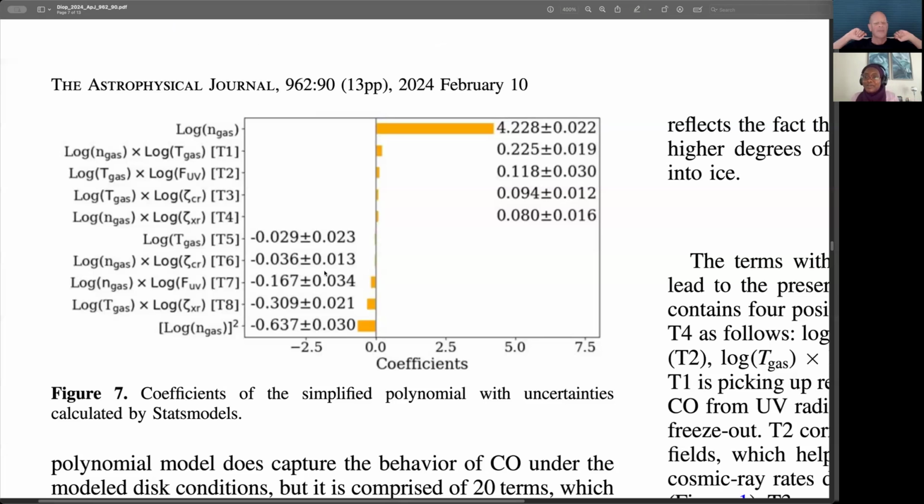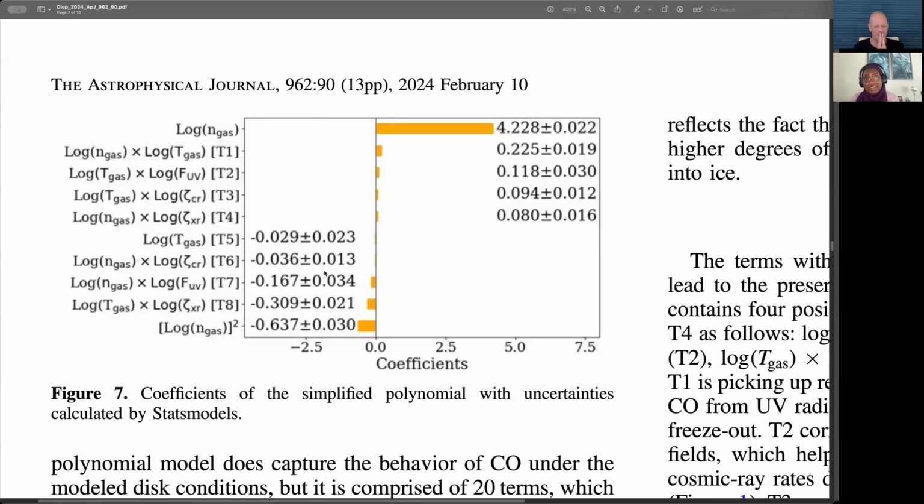Or you might have mid-plane regions where cosmic rays can break apart molecular hydrogen and produce hydrogen atoms that hydrogenate your CO ices and form things like methanol. So we explain what each of these terms can reflect, and we can match it to different chemical pathways occurring in the disk.